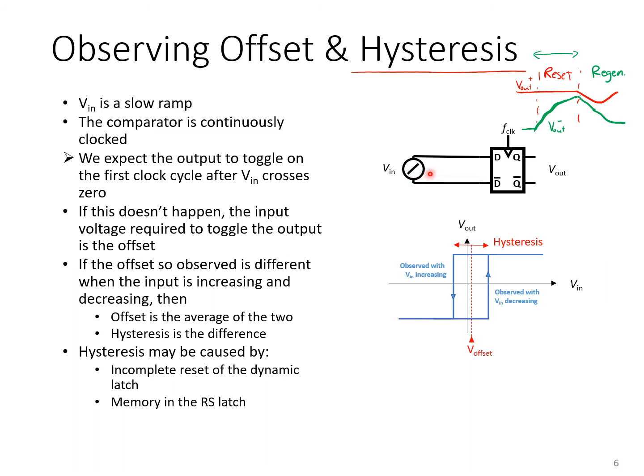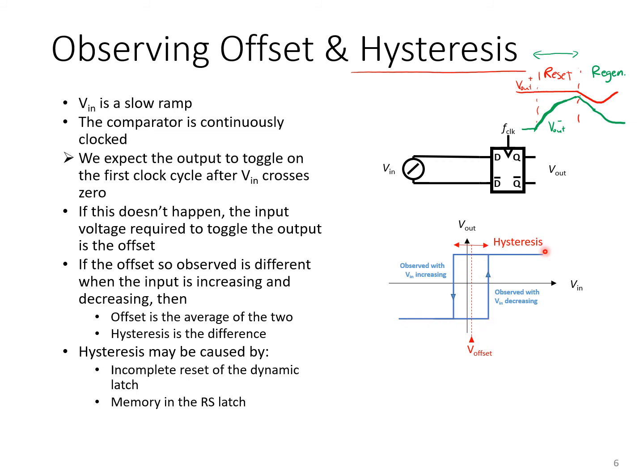And what you will see is that, if the ramp is an increasing ramp, so sliding left to right along this plot here, Vn is gradually increasing, it may take a significant positive voltage before the latch's hysteresis is overcome and the output of the latch actually flips from logic low to a logic high.